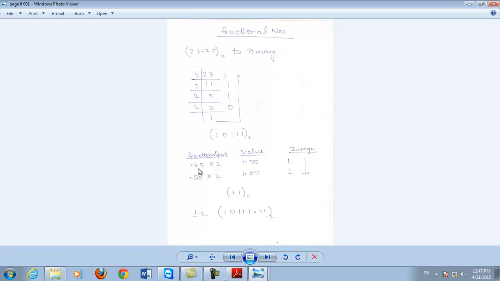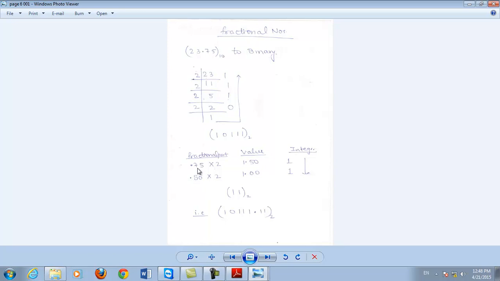You take the fractional part, that is 0.75. You have to multiply it by 2 because the base of binary is 2. The answer is 1.50. Now from 1.50 you take the integer value and the remaining value, that is 0.50, stays in the fractional part. Means when you multiply 0.75 by 2, it equals 1.50. In 1.50 the integer portion is 1. We took 1 in the integer portion and the remaining portion, 0.50, stays in the fractional part.